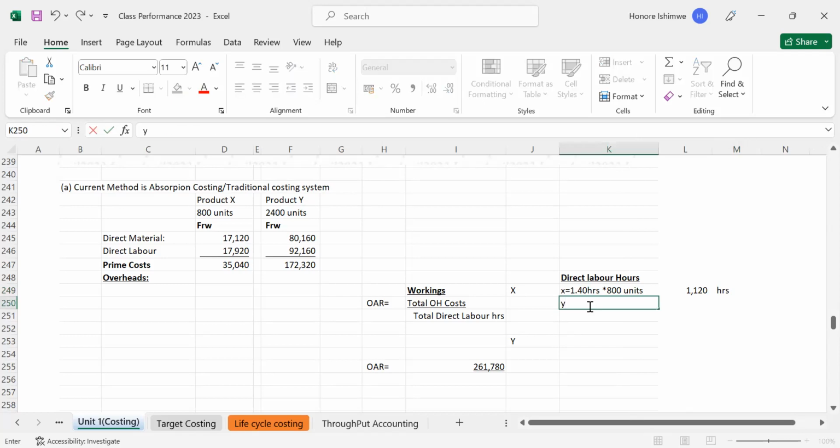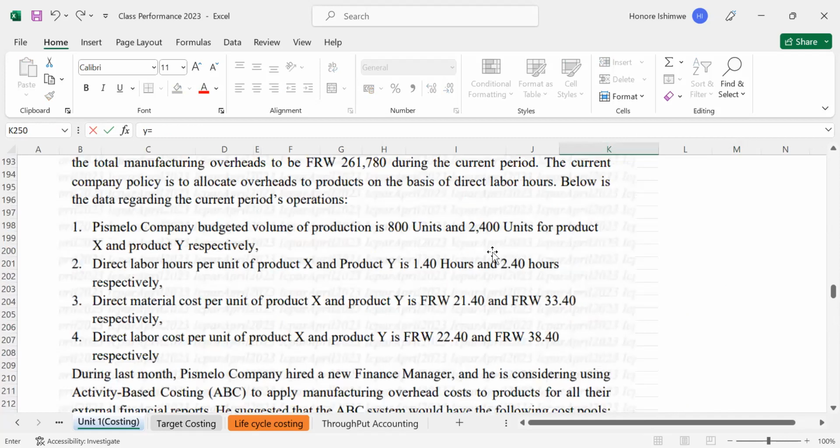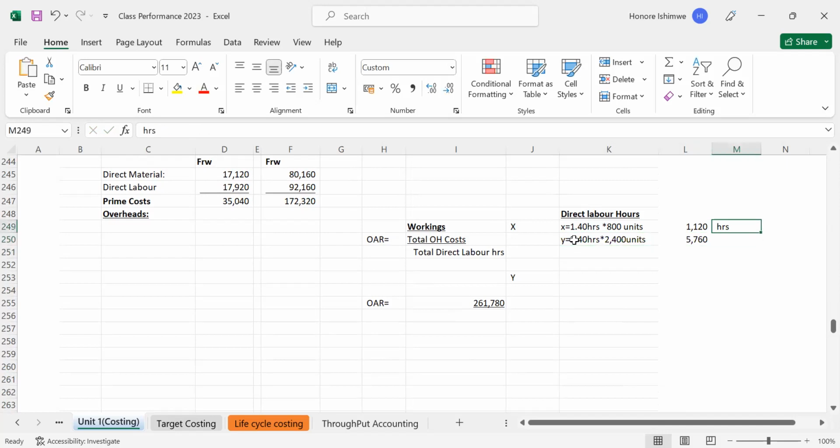Then for Y, how many hours to produce 1 unit? They say it is 2.4 here. Please look here, 2.4. Then I multiply by the number of units because it is the labor hour per unit. For Y, it should be 2.40 hours multiplied by the units, which is going to give me how much?